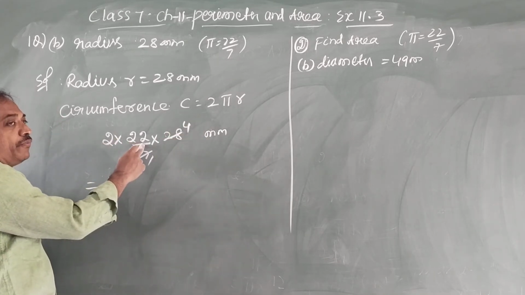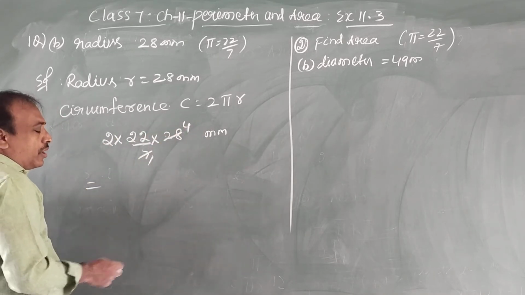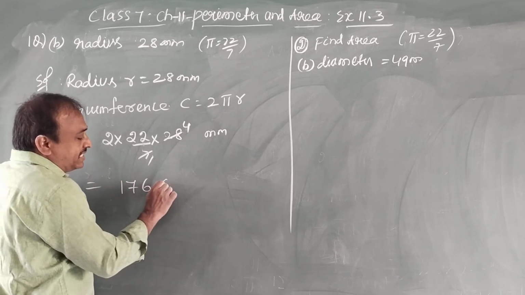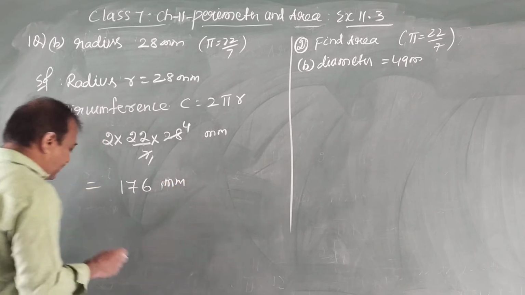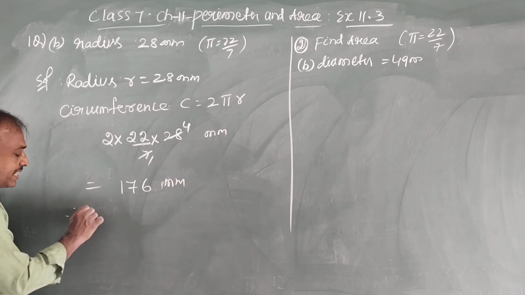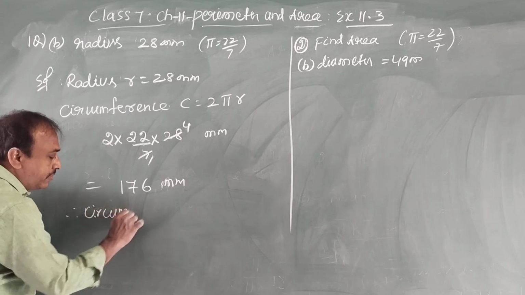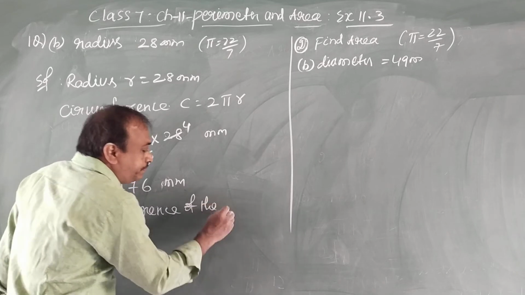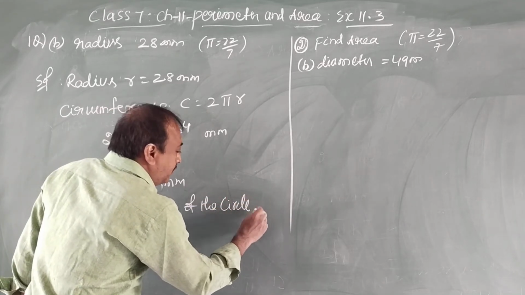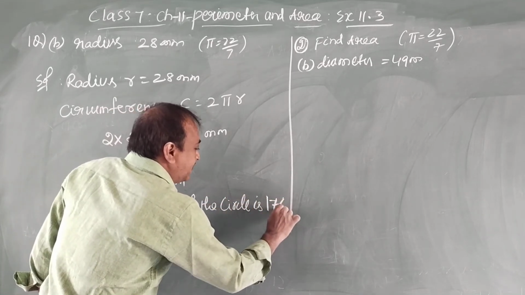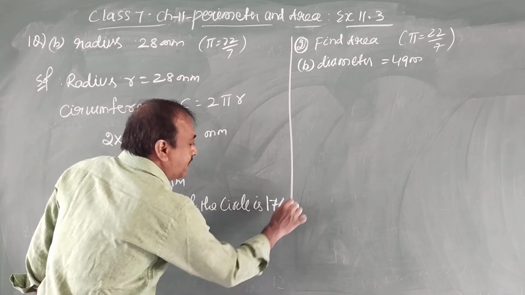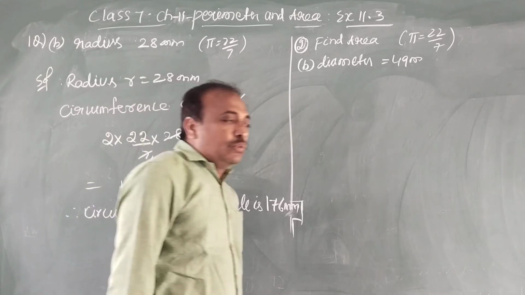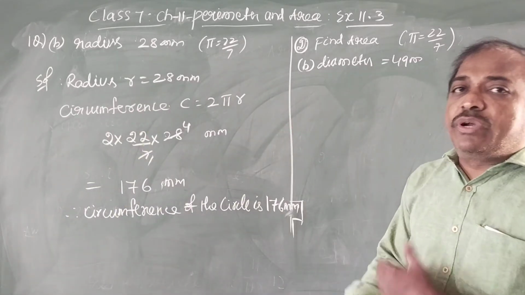So 2 into 22 is 44, 44 into 4 is 176 millimeters. Therefore, the circumference of the circle is 176 millimeters.